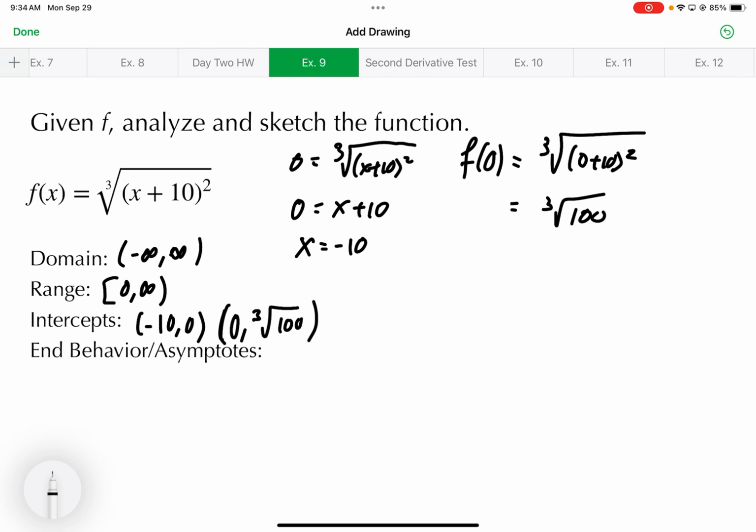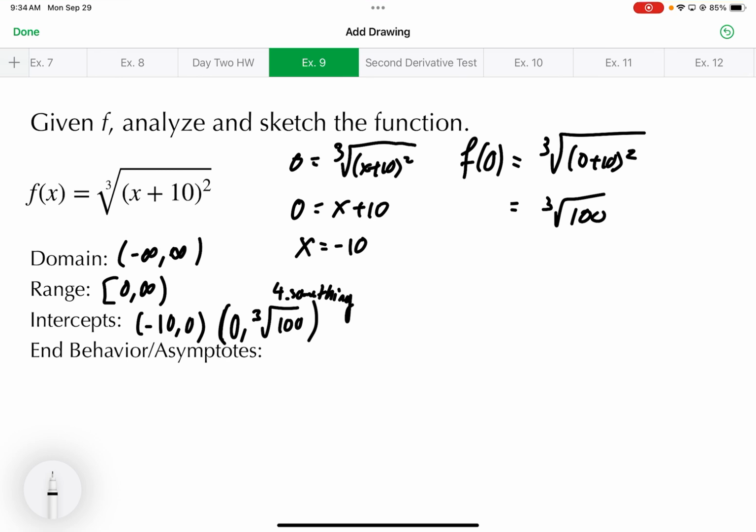It's something. I don't know what number it is, though. Let's see. 3 cubed is 27, 4 cubed is 64, 5 cubed is 125. It's 4.4 or something. So somewhere between 4 and 5. Okay, we'll keep that in mind. 4 point something.